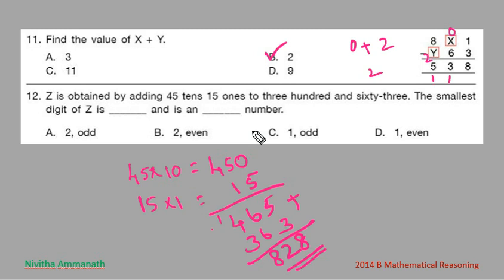So the smallest digit in this is 2. And it is an which number? One's place is 8. So it is an even number. So 2, even. B is the correct option.